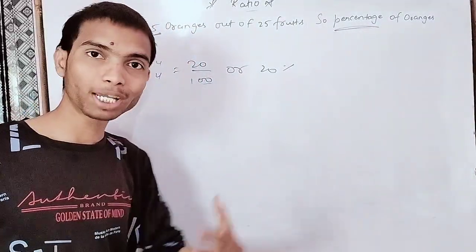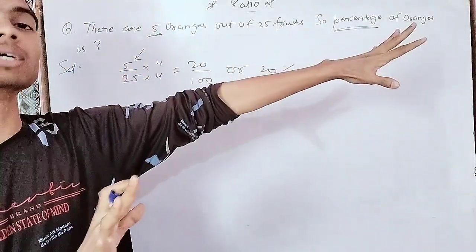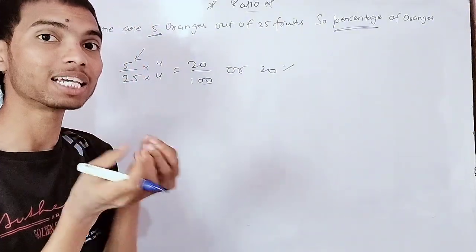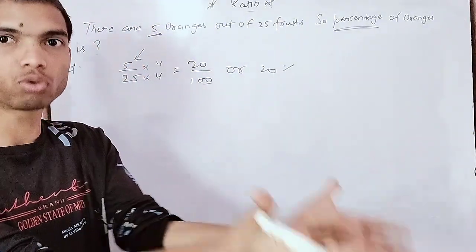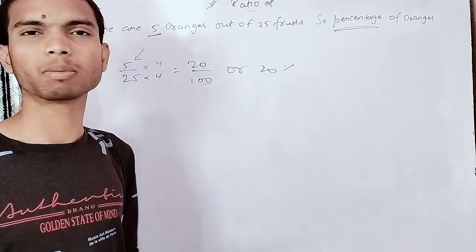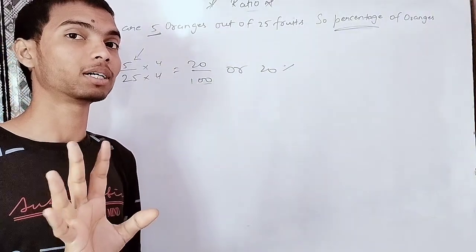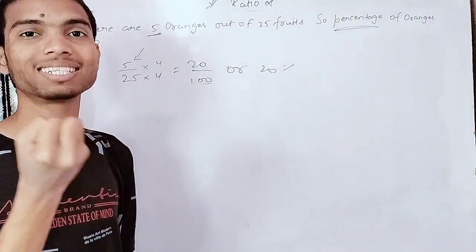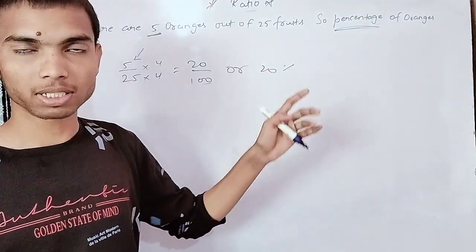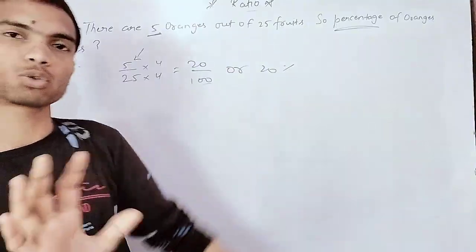If in place of the denominator it is not 100, then we need to make it 100. In place of the numerator, whatever number is there, we don't care, but the rule of a percentage says that in place of the denominator there should be 100.